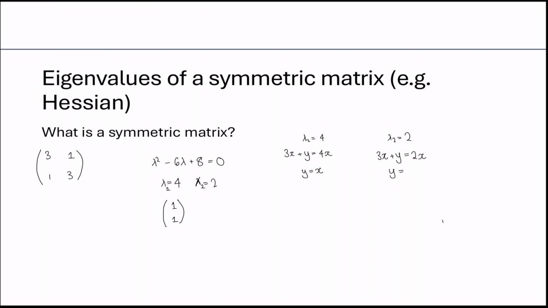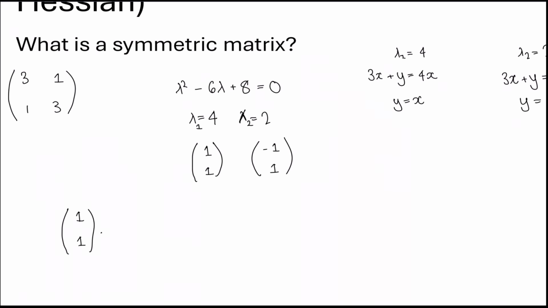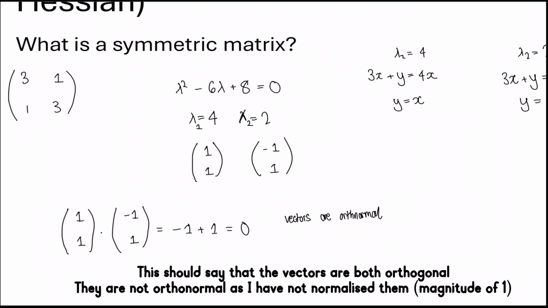So y is equal to minus x. So we can get minus 1, 1 as an eigenvector when our eigenvalue is 2. If we now dot these two, we get minus 1 plus 1, which is 0. When the dot product is 0, it means that the two vectors are orthogonal.